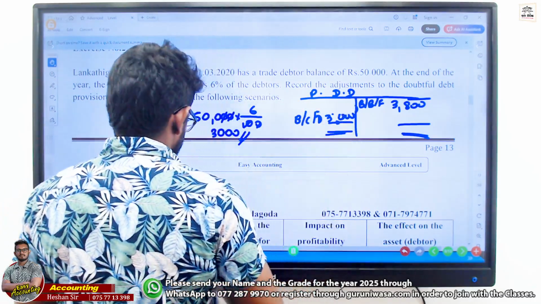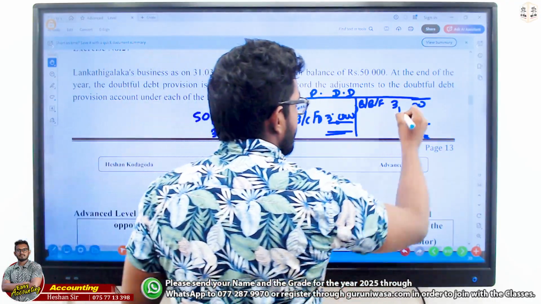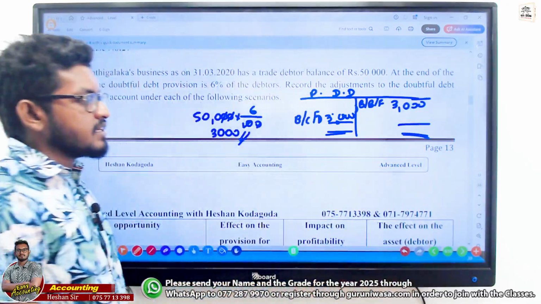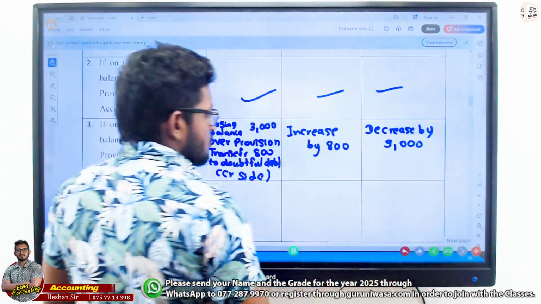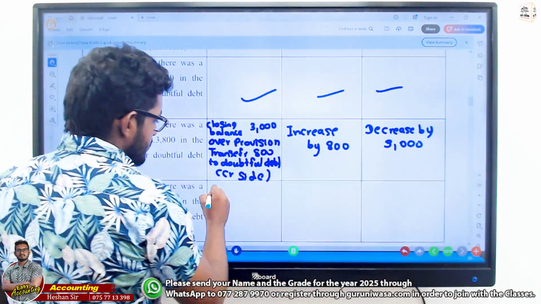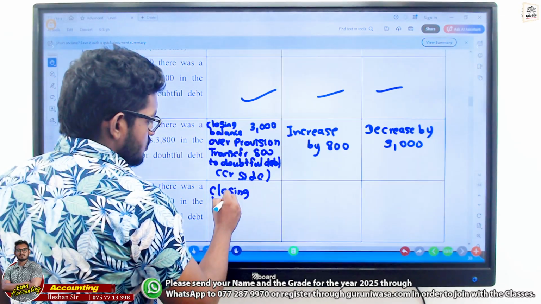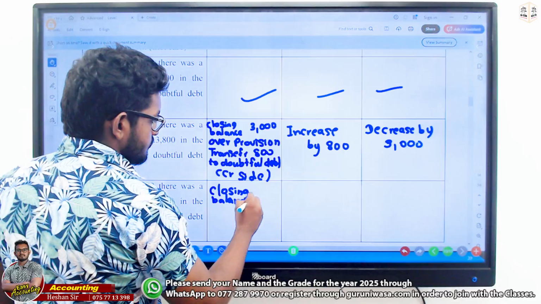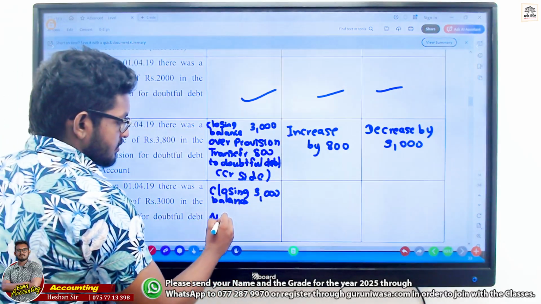Right? If the opening balance was 3,000, what happens? There is no provision to make. Nothing goes to the doubtful debt account. Opening 3,000, closing balance also 3,000. Right? No impact.